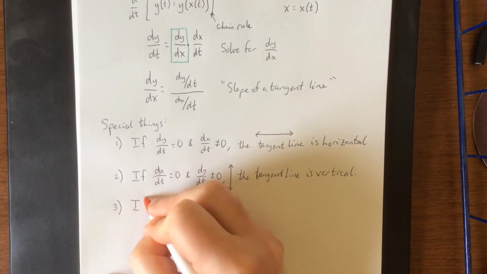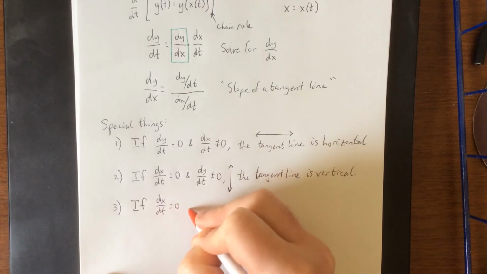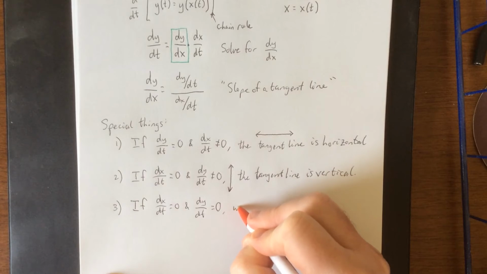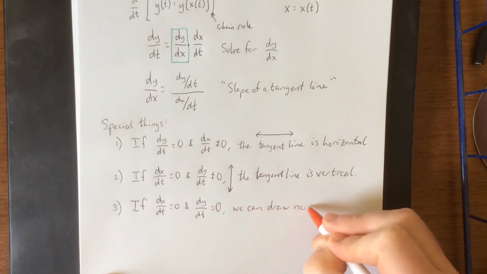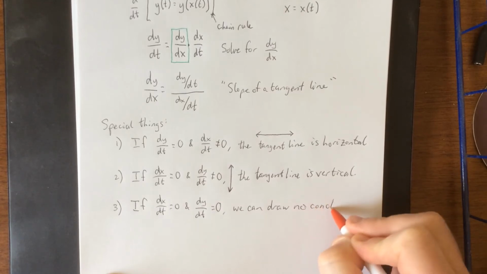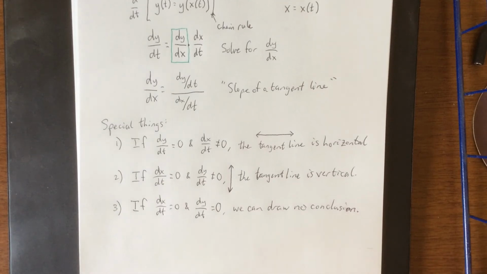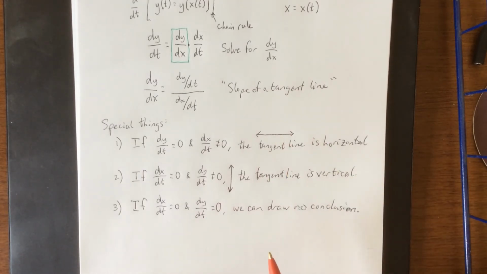Now the other thing would be to point out that if dx over dt is equal to 0 and dy over dt is equal to 0, we can draw no conclusion. Now if, just as an example, y and x are both functions of t, and this represents the motion of a particle around some plane, what this would mean is that the particle has come to a full stop.